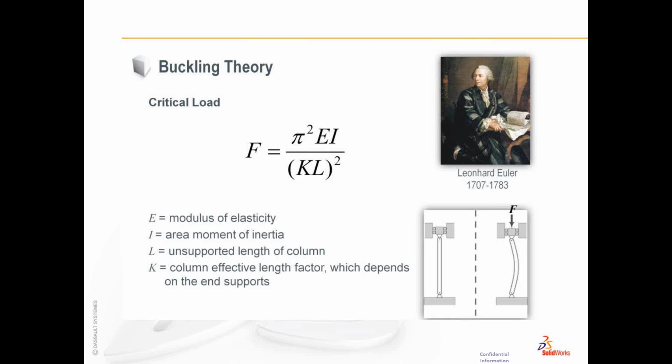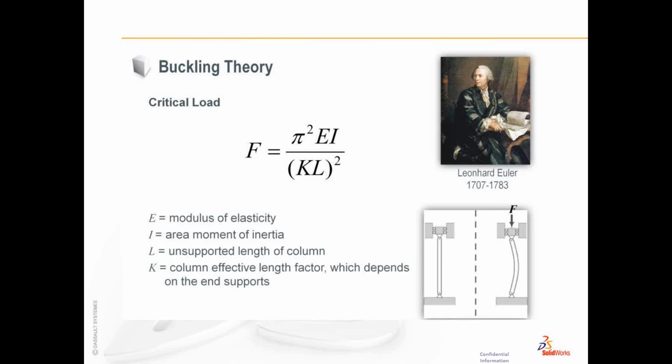Another thing is the term I here means the area moment of inertia, a geometric property that describes the distribution of mass about a center axis of some type of shape. It could be a cylindrical pipe, it could be an I-beam, it could be a much more complex structure. It could be a silo or some type of complex webbed structural member.